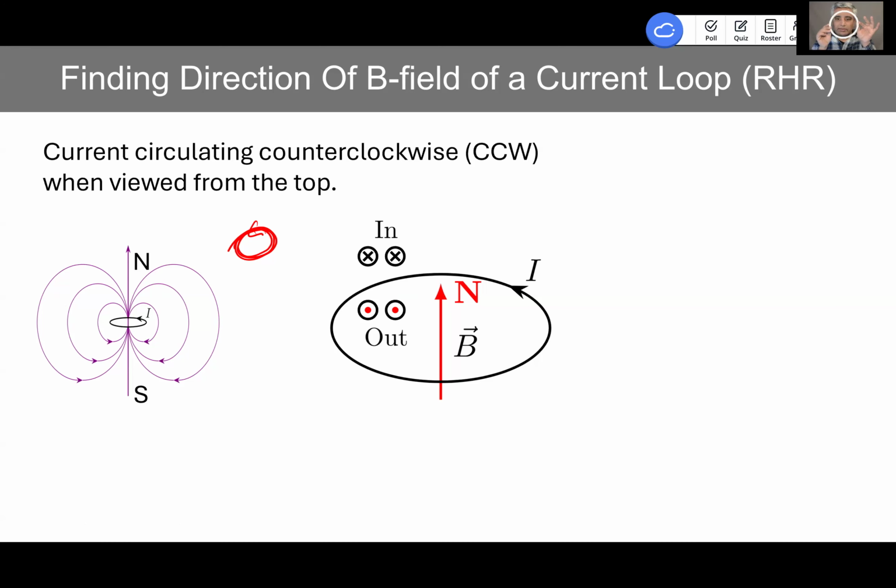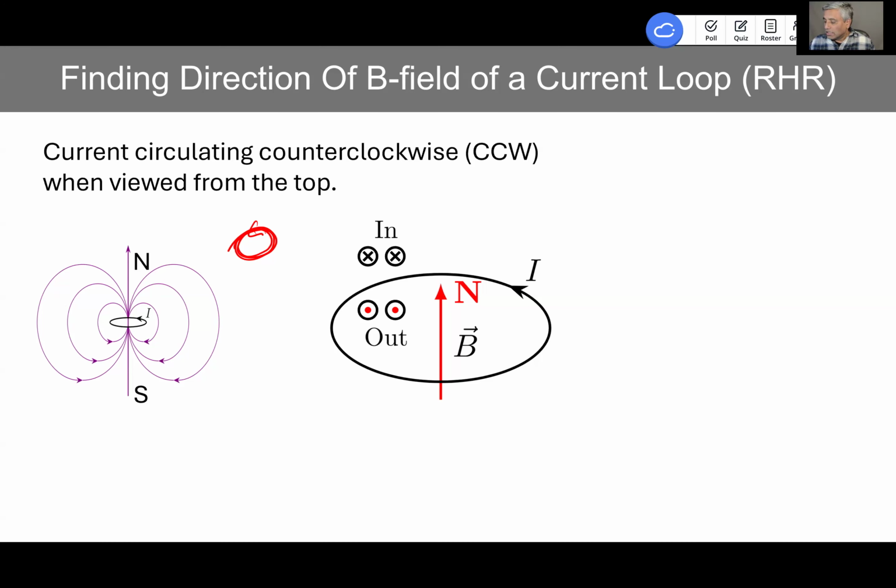For example, I have this loop here, okay? If we look from this side and go like this, that's going to be counterclockwise. But the same thing, when I look from my side, becomes clockwise, okay?